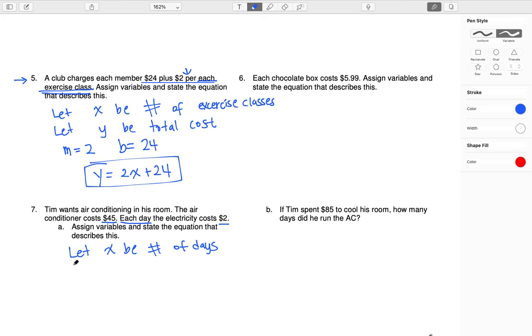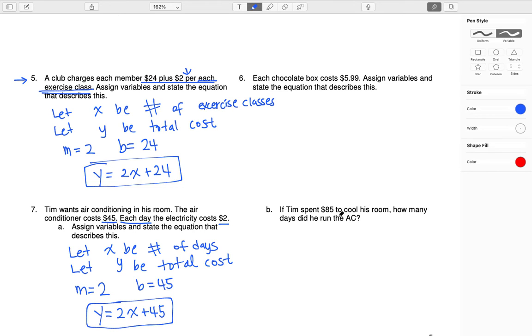And it involves money, the total cost. Let Y be the total cost. Just by looking at it, the one-time cost is $45. And then every day it changes by $2, so the slope must be 2. So therefore, y is equal to 2x plus 45.